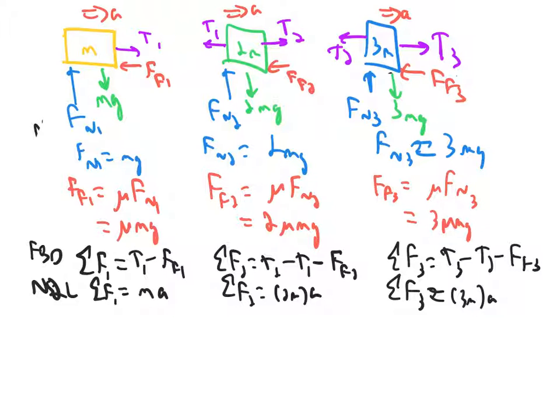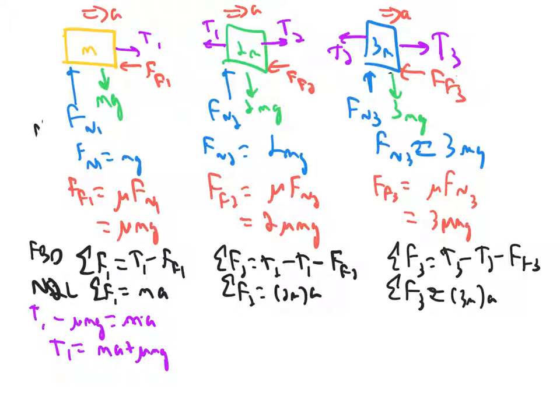So we can put these things together, and we can say that T1 minus mu mg equals ma. So T1 equals ma plus mu mg.